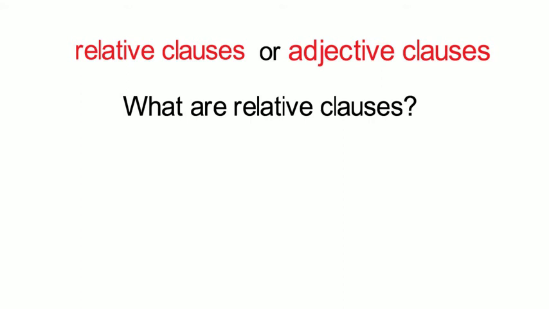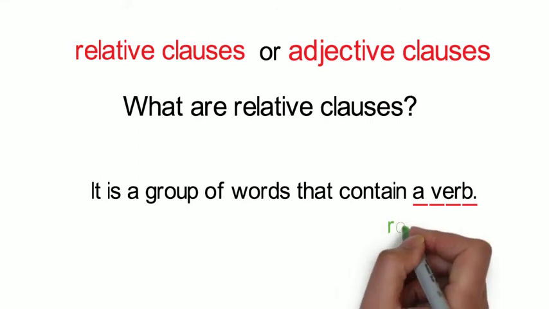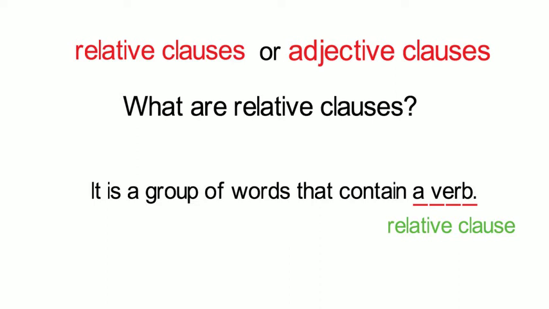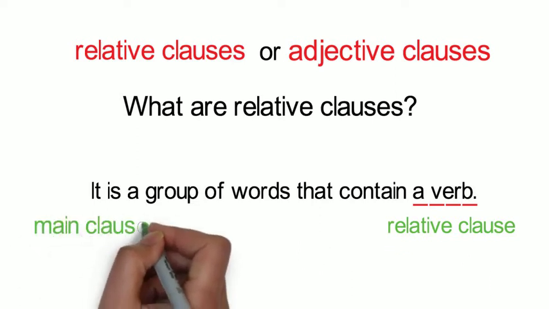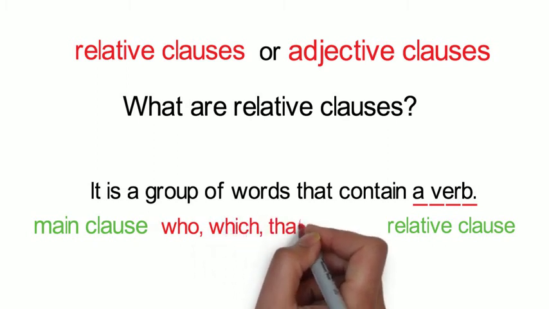A clause is a group of words that contain a verb and usually form part of a sentence. They express a single thought. A sentence usually has two clauses. A relative clause is one that's connected to the main clause of the sentence by a word such as who, which, that, or whose.